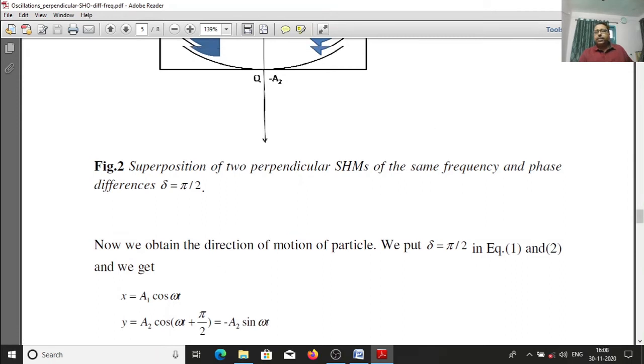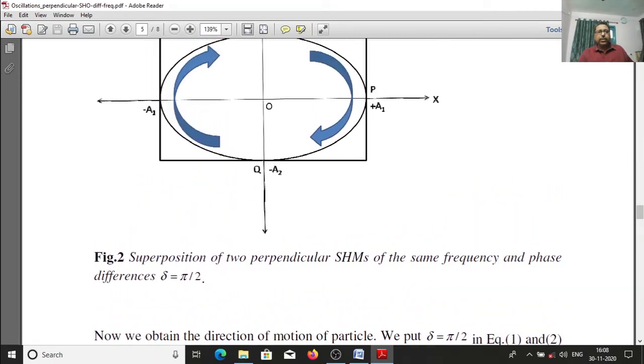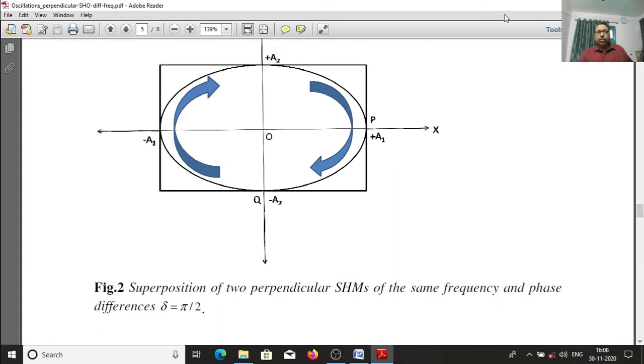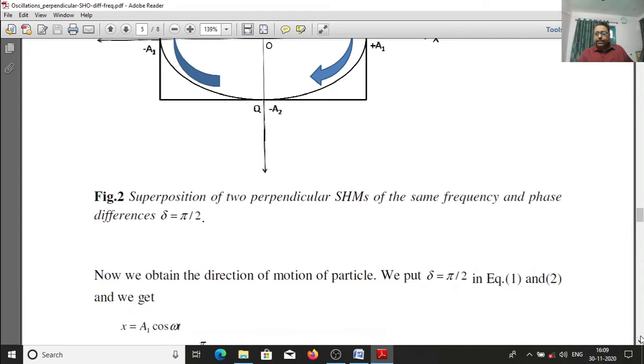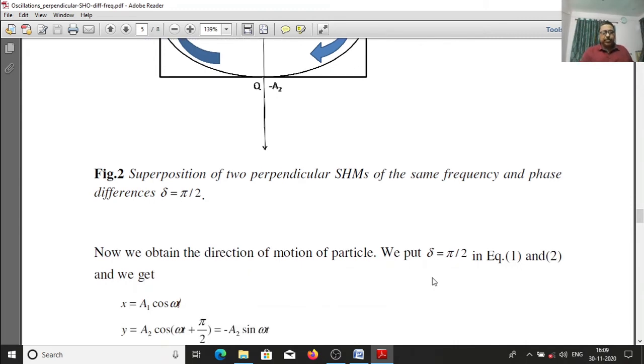So this point P is the starting point for delta equal to pi by 2. Now, if time increases, what happens?